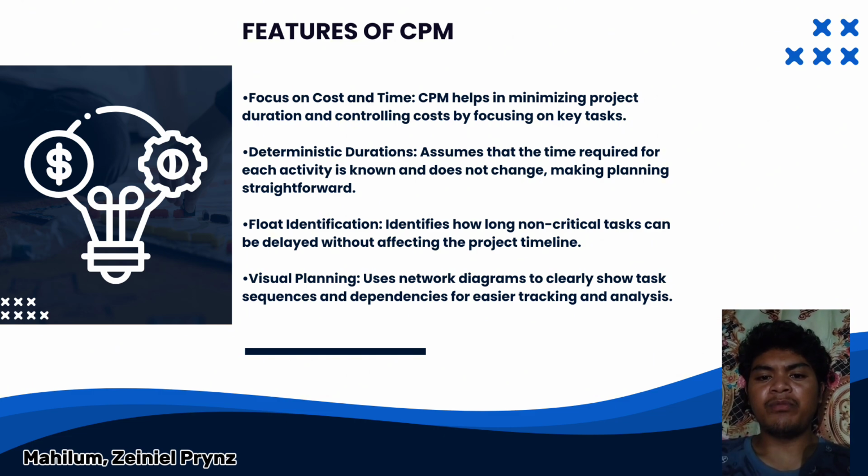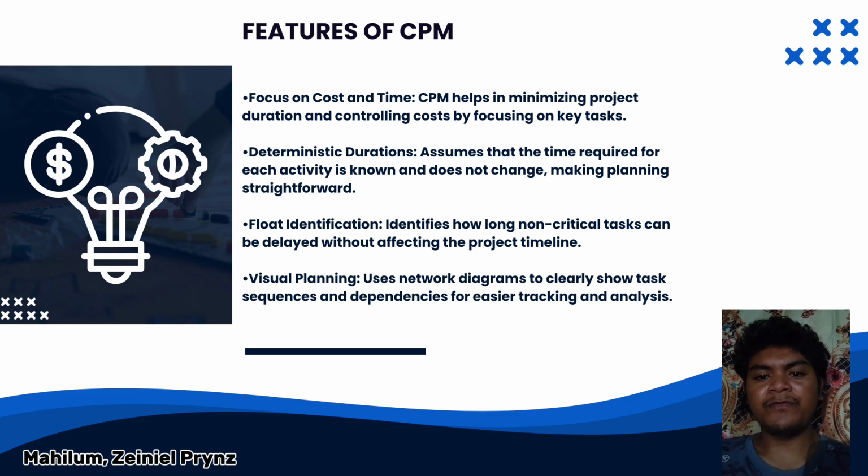It also offers visual planning because it uses network diagrams to clearly show task sequences. And then let's move on to the identification of the critical path. First, a list of activities, which outlines all project tasks with estimated durations.